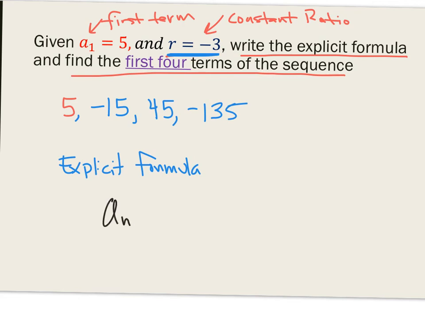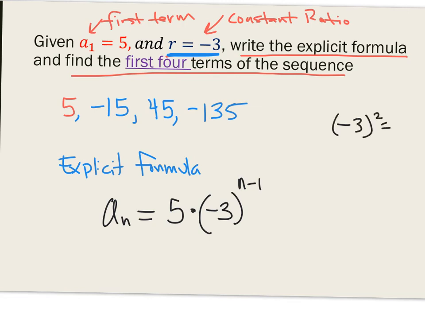Since no one told us what term we want, this is just a value, so we don't need to worry about it right now. And then we're going to do the first term, which is 5, times, and now I'm going to put this in parentheses. Now if you notice, we just have to make sure that we put this negative 3 in parentheses, because when we raise it to the power of n minus 1, we need that negative 3 to be in parentheses, because I'll show you this right now.